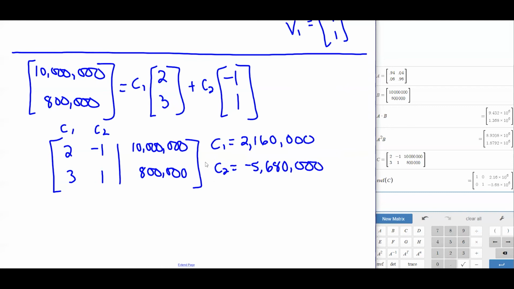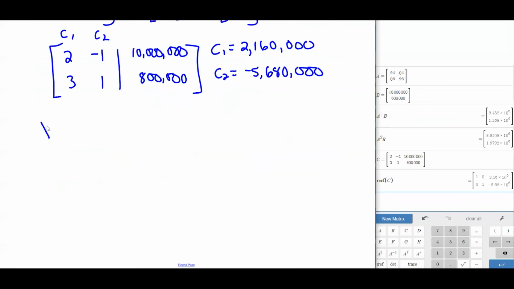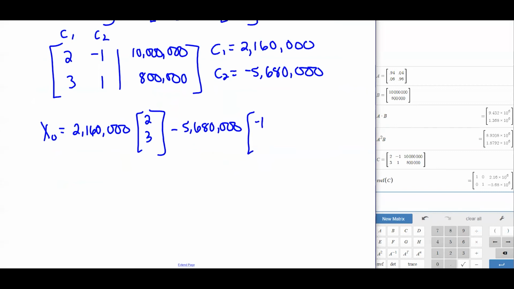Okay. So that means that x sub 0 is C1 times V1 plus C2, which is negative, times V2.